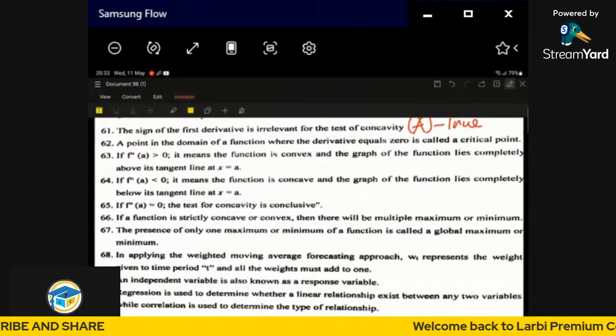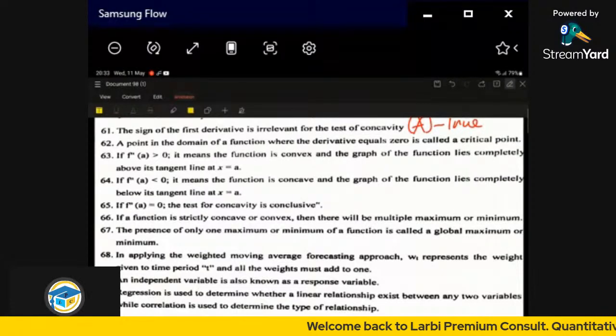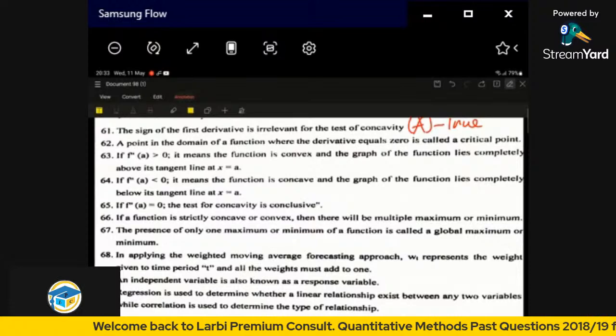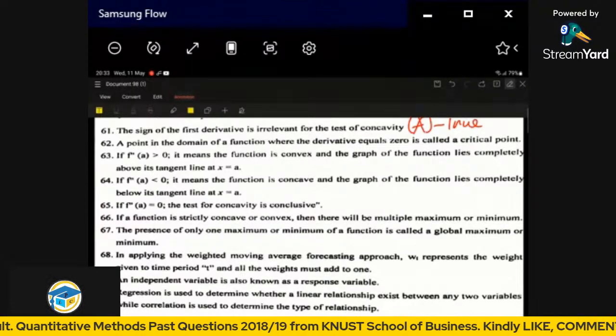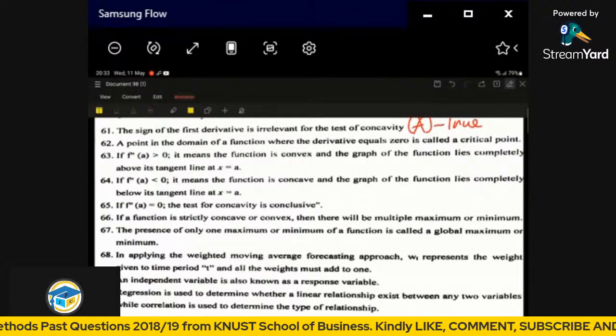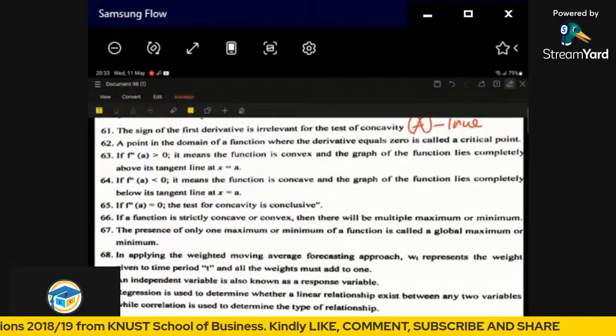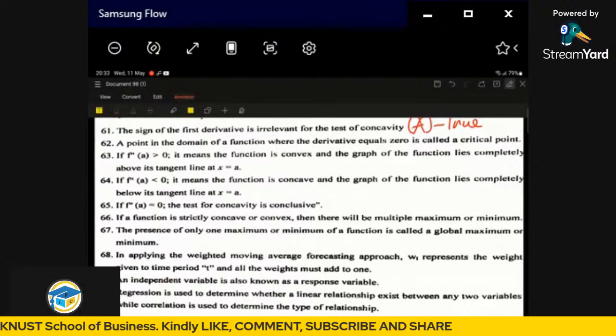You are saying the point in the domain of a function where the derivative equals 0 is called a critical point. And we can say that at the first derivative, we set dy over dx to be equal to 0. And that's what they are saying here, that the point in the domain of a function where the derivative equals 0 is called a critical point, and this is true.